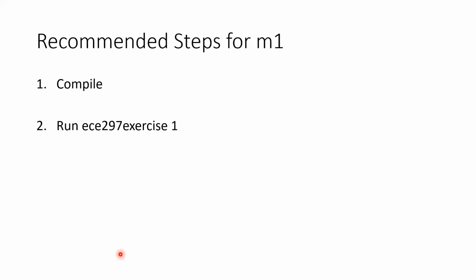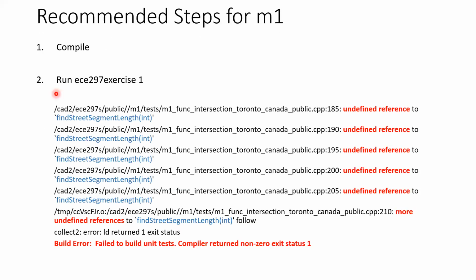So first step for M1 is to compile and run the tester code, EC297 XSS1 for M1. And because you have not modified anything, the result will be many compile errors saying that your functions have not been declared, undefined reference to functions.